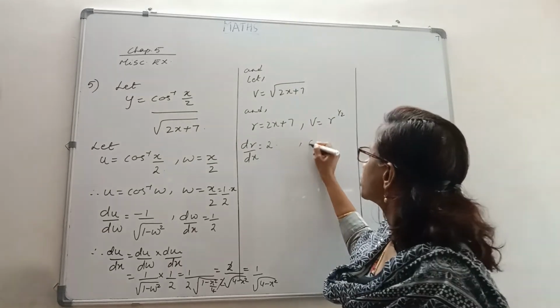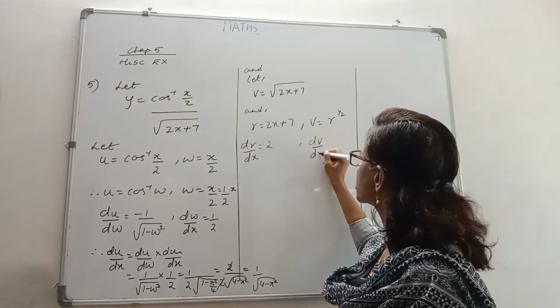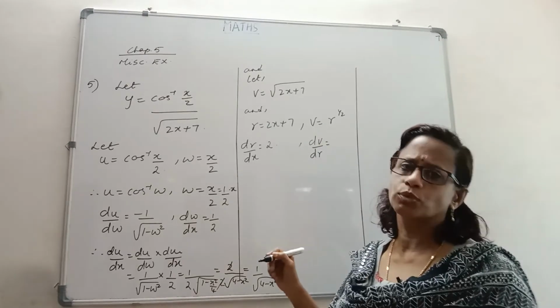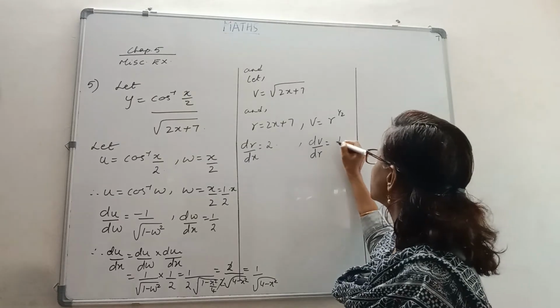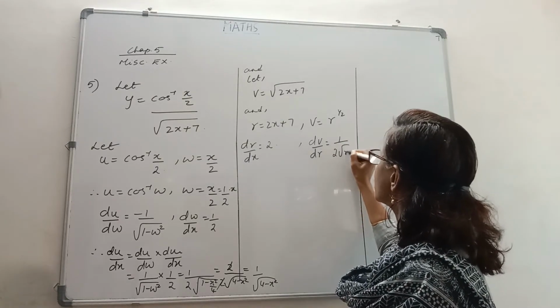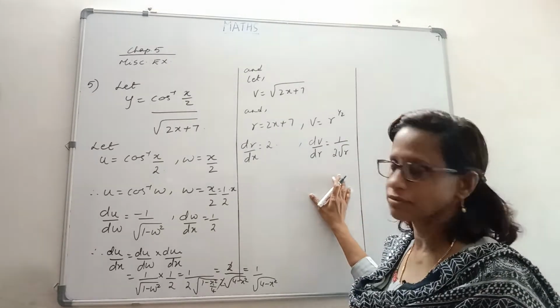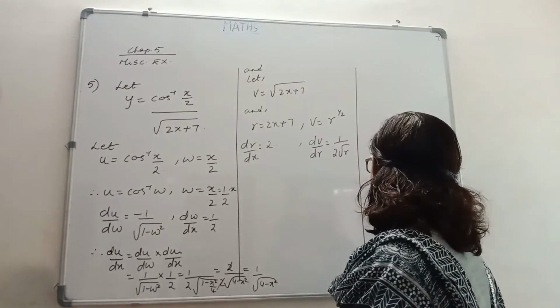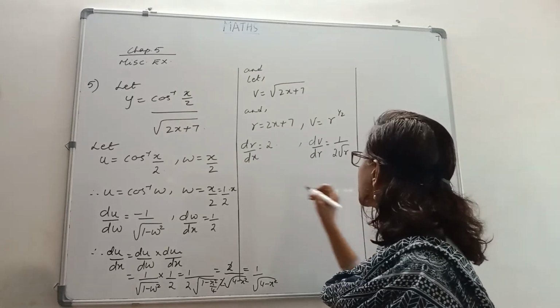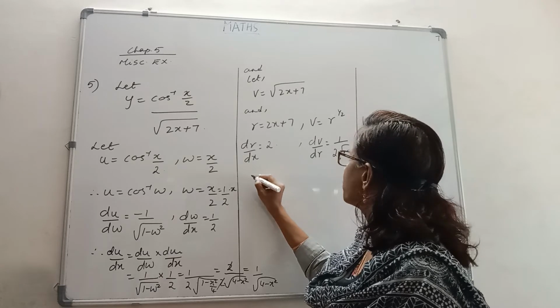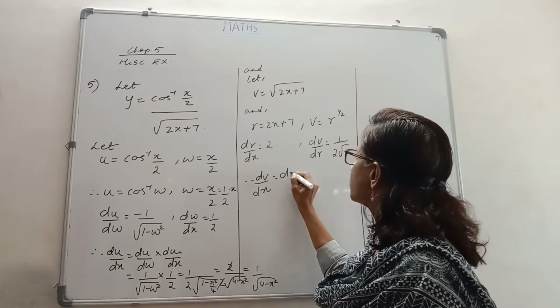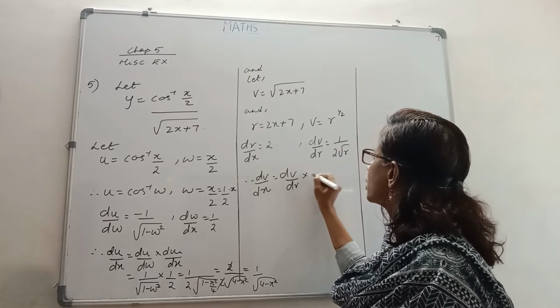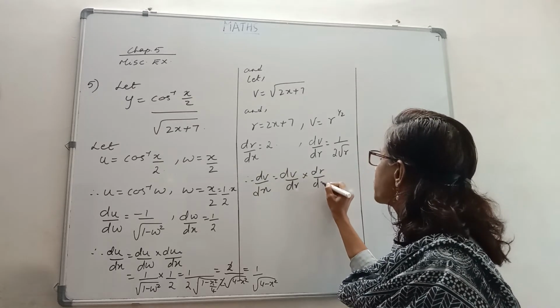Now we will work out the derivative of v with respect to r. By exponent we know the derivative of root x is 1 by 2 root x. So this is going to work as 1 by 2 root r. So we are done with both the derivatives. Now we will get back to the derivative of v with respect to x, which is the derivative of v with respect to r times the derivative of r with respect to x.